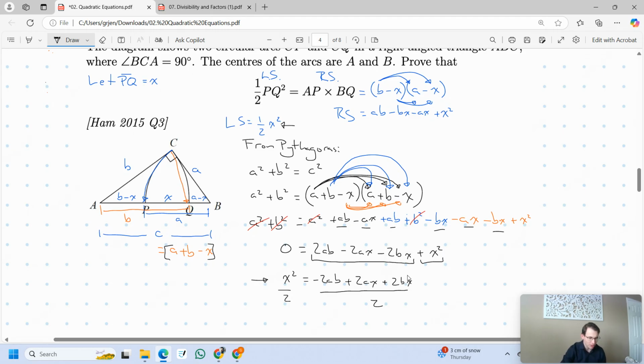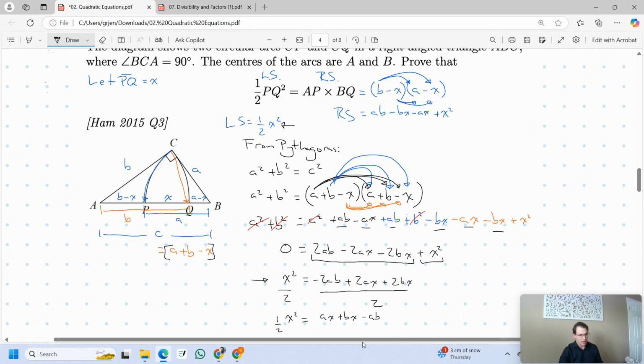Okay, so then we get 1/2 X squared, which is the left side, is equal to AX plus BX minus AB. That's it. AX plus BX minus AB. That is 1/2 X squared.